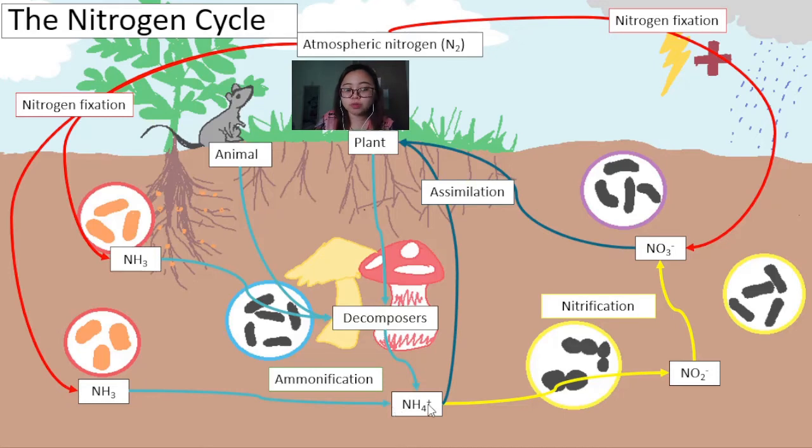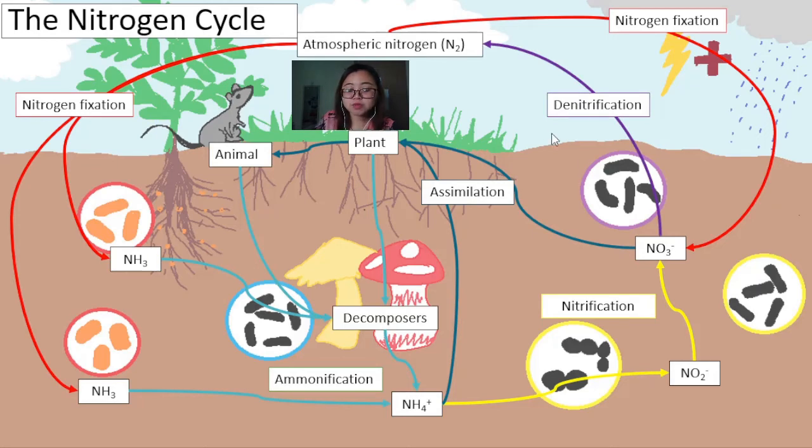So NH4+ pun boleh diserap oleh tumbuhan melalui proses assimilation untuk dijadikan sebagai komponen badannya sendiri. So to answer the previous question, plants can take up nitrate, NO3 negative, and ammonium, NH4+. When those plants are eaten by animals, the animals will get that nitrogen and incorporate it into their body.